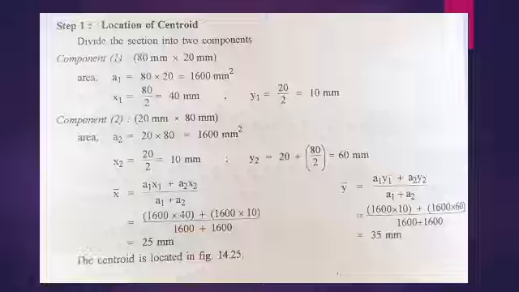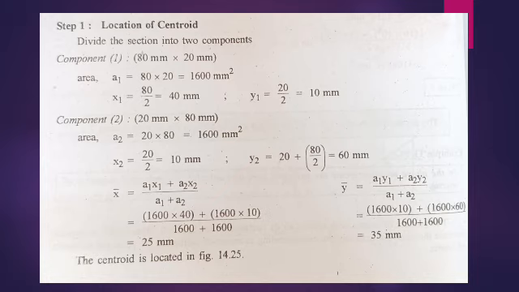Okay, here the first rectangular component is of dimension 80 mm cross 20 mm. Therefore, what is the area formula for a rectangle? Length into width, or width into height. Here the length value is 80, then the width value is 20. Therefore, 80 into 20 value is 1600 mm square.